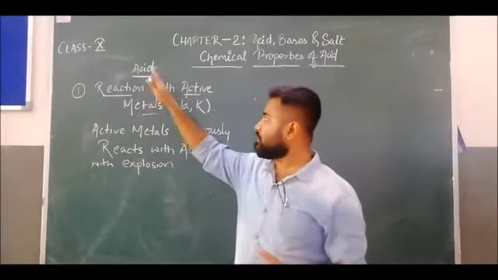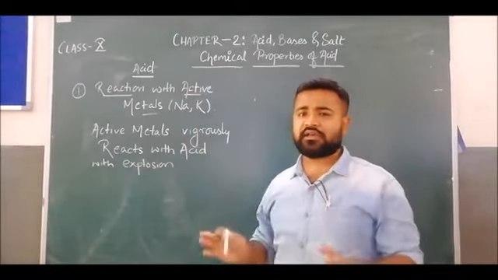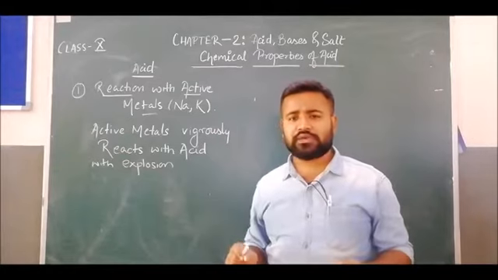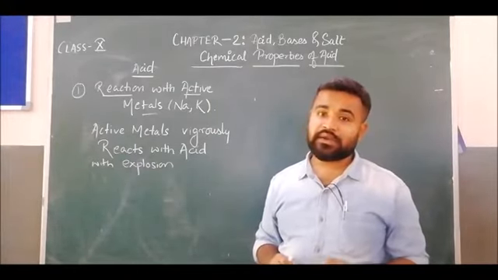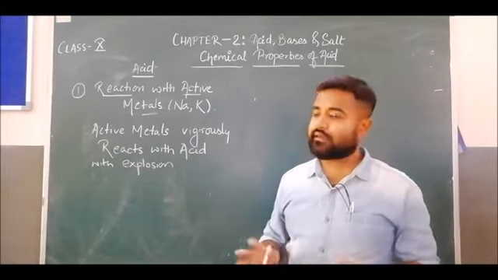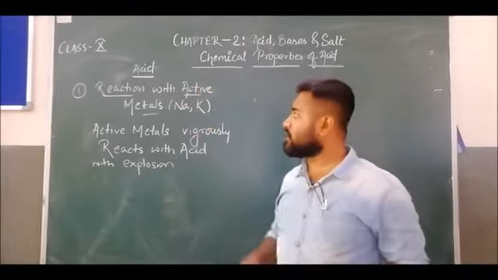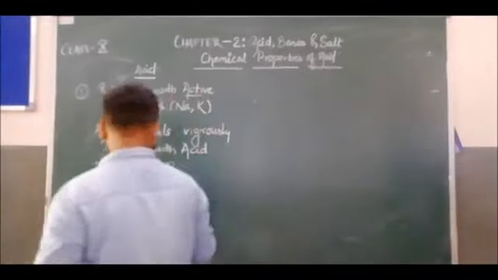We know that these metals are highly reactive, so whenever they react with an acid, they react vigorously with some explosion, meaning a tremendous amount of heat is released. That is why these metals are tremendously reactive with acid, even with dilute acid.